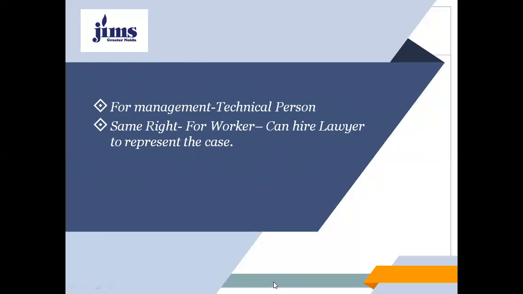For management, a technical person should be there to defend or to represent the case, someone who understands well the issues involved in the matter. The same right is there for the worker also. And in case the worker is not able to handle the case alone, he can hire a lawyer to represent him.